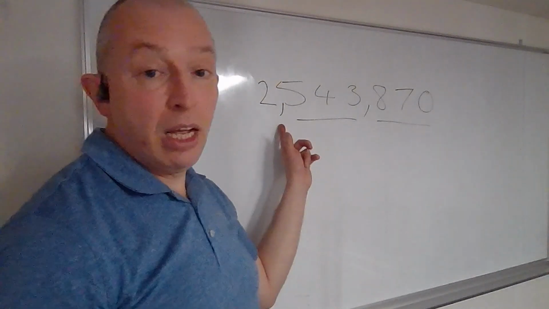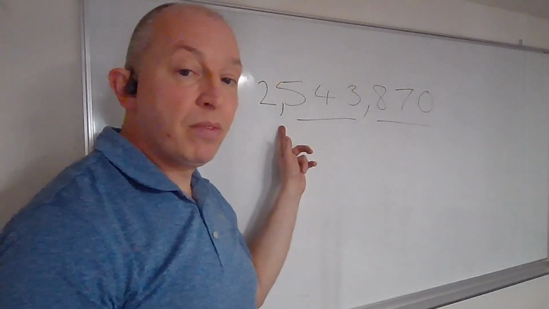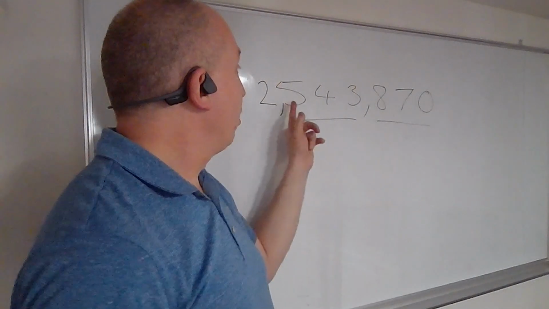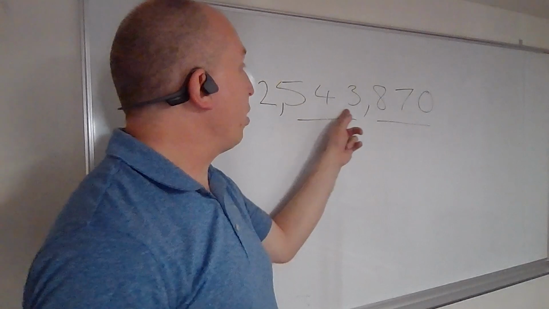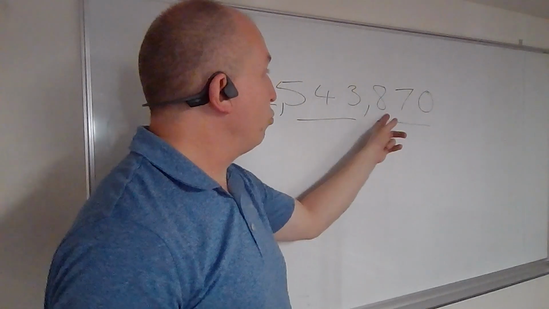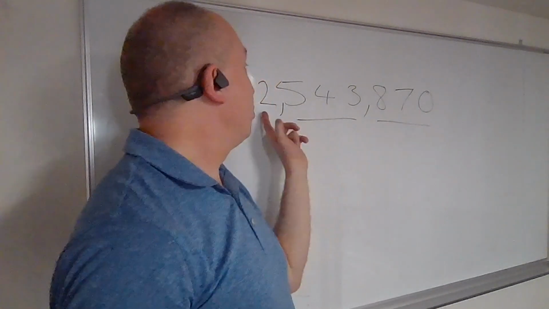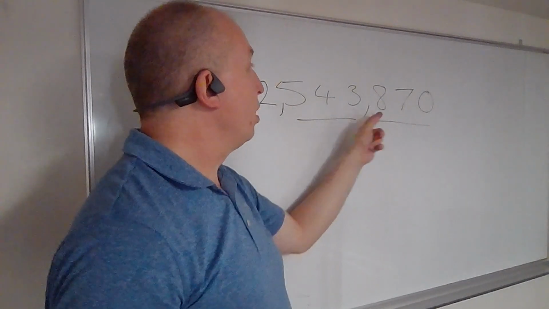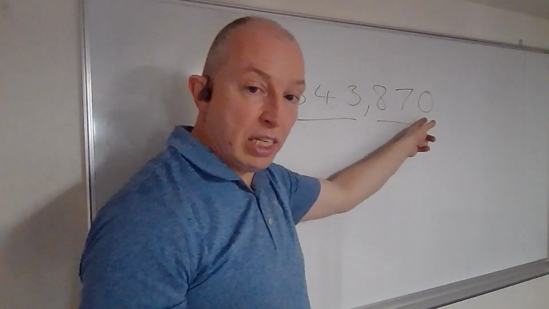Remember, this comma here means million. So you have 2,543,870.